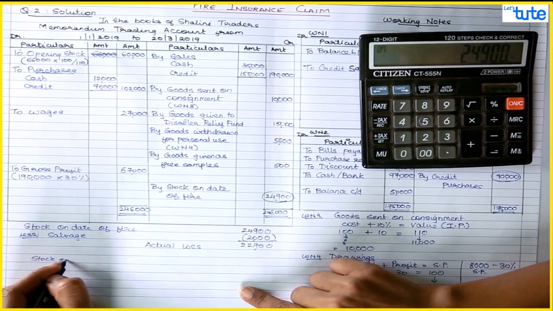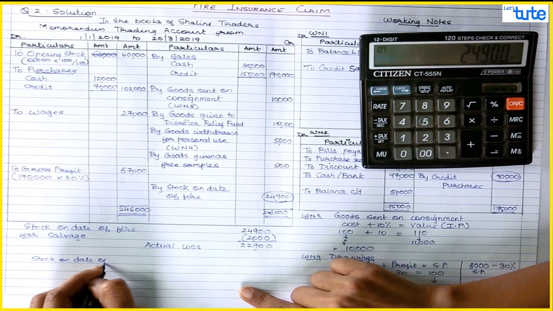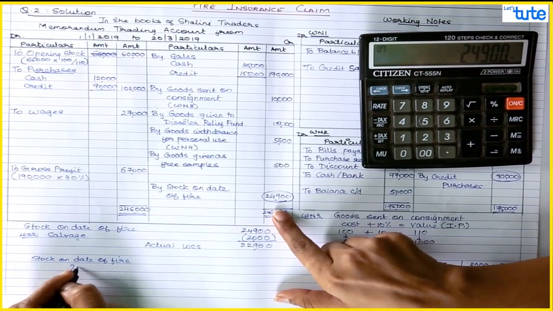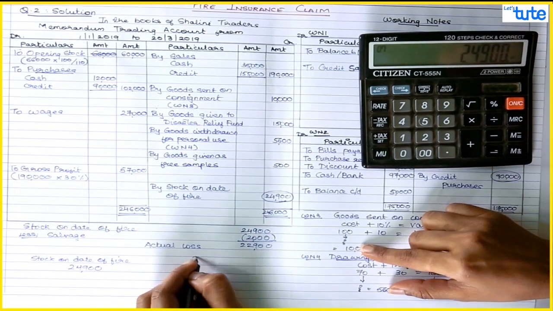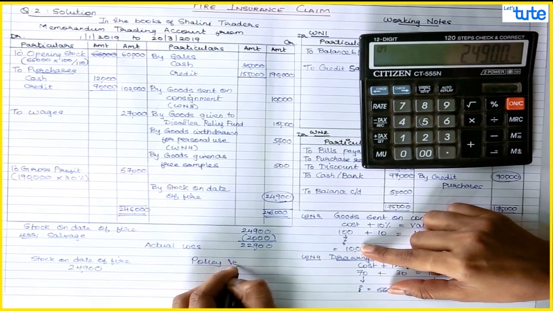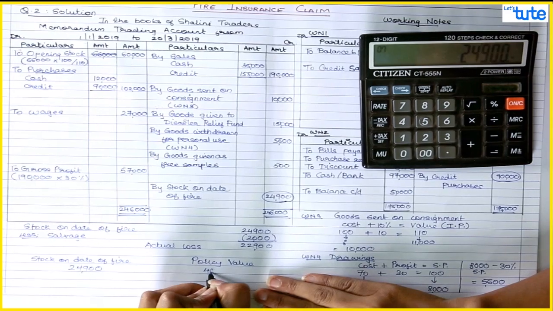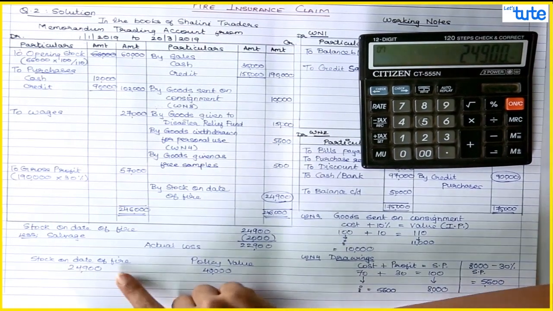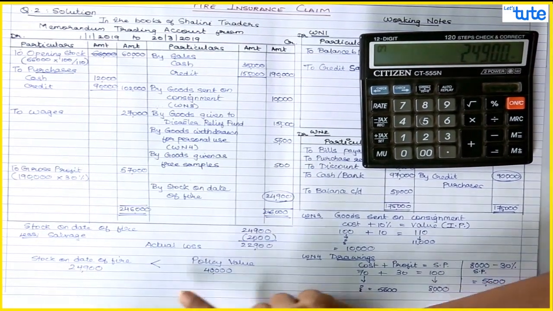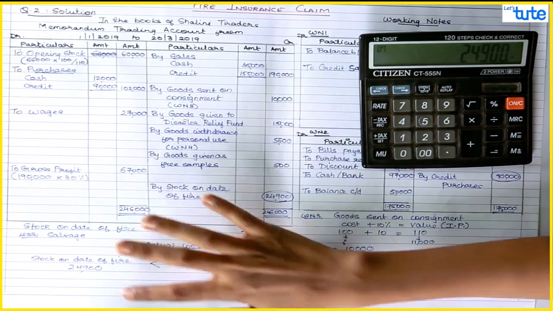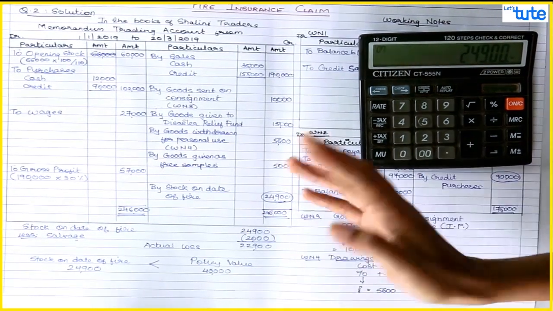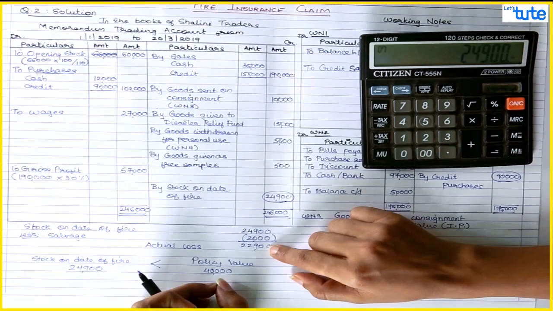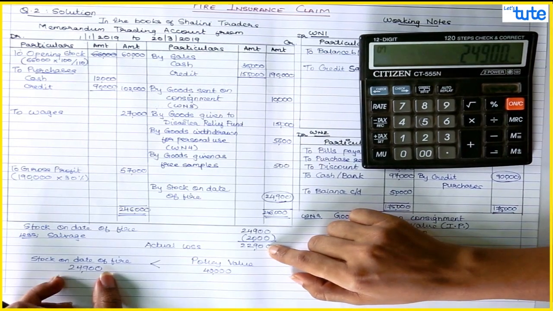Now your stock on date of fire is 24,900, against which we have insured, that is our policy value of 40,000. Now in this case, see, our policy is of more value than our stock on date of fire. So our stock is fully insured. In the previous question, we had a policy which was less than the stock on date of fire.